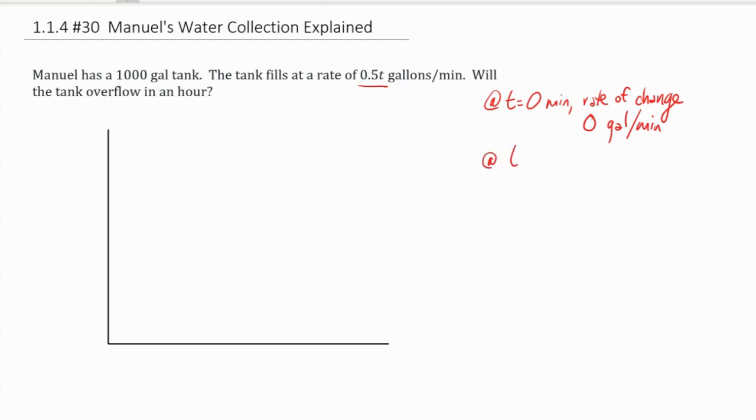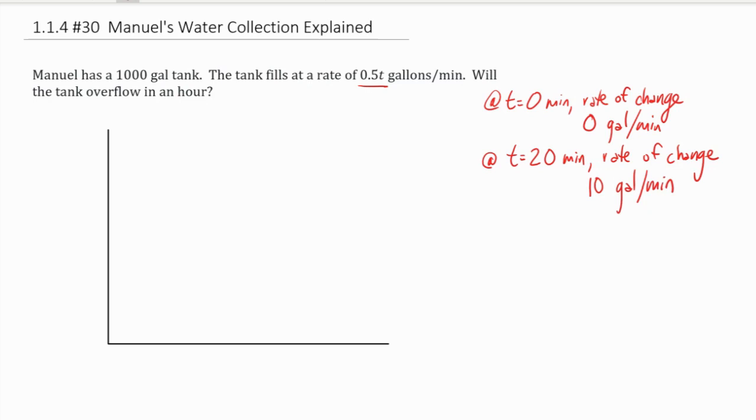At t equals, let's say, 20 minutes, the rate of change, or how fast the water is going into the tank, would be 20 times 0.5, which is 10 gallons per minute.